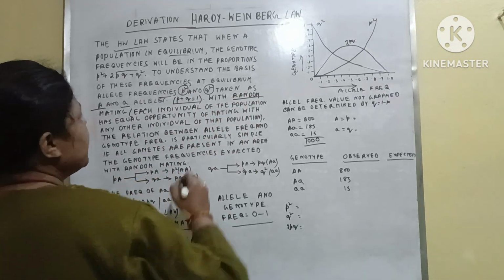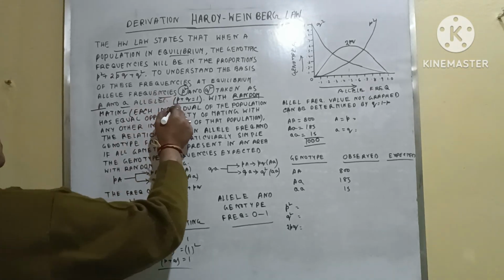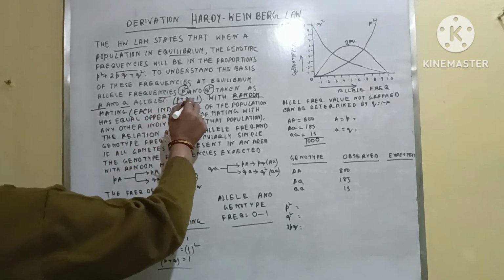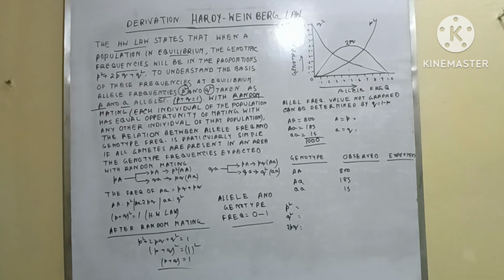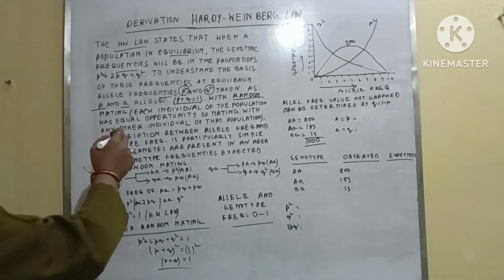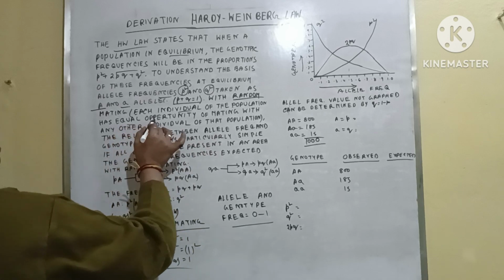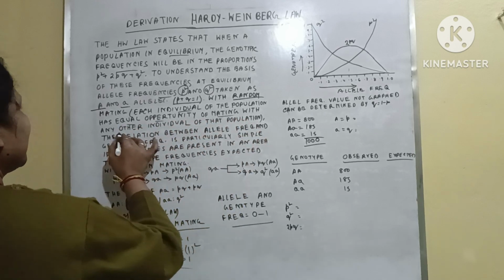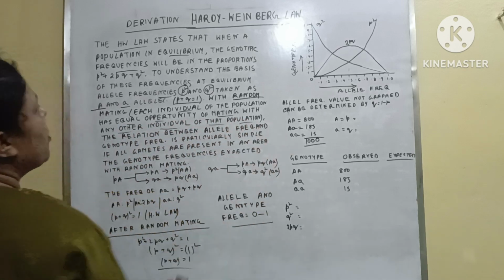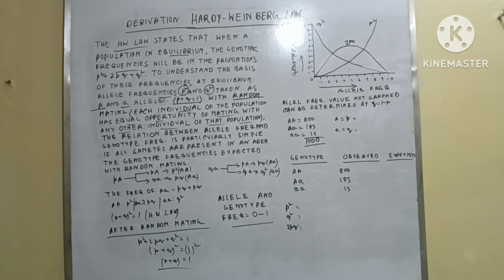So random mating is occurring, meaning small p plus small q is 1. And what is random mating? It means each individual of any population has an equal opportunity to mate with any other individual of that population. That means any individual can mate with any one within the same population.